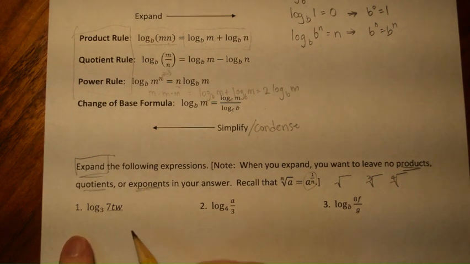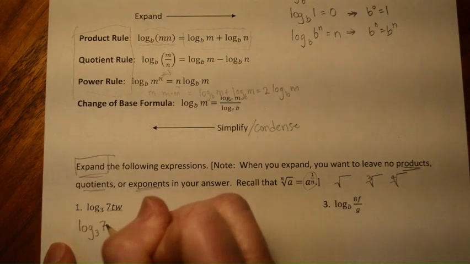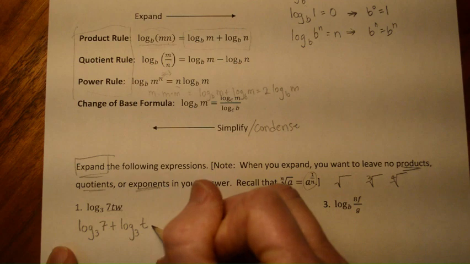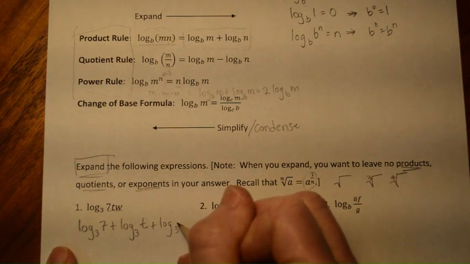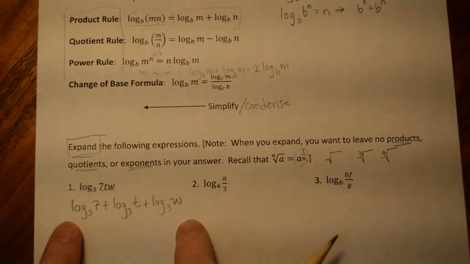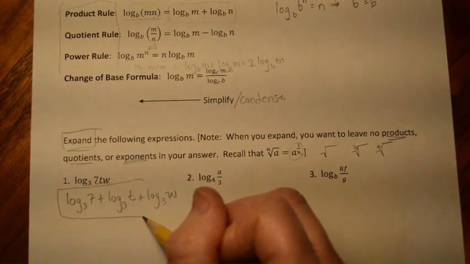We're going to break this into the sum of these things. So this would be log base 3 of 7 plus log base 3 of t plus log base 3 of w. And that would be the expanded version of this, and that would be our answer.